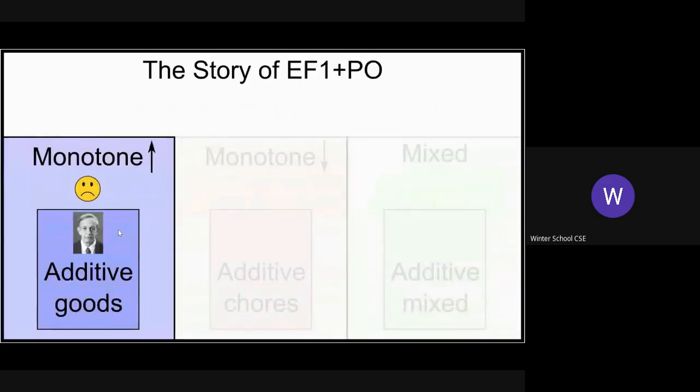So this existence that we saw for additive does not extend to monotone. Whether there is an EF1 plus PO for submodular is, to my knowledge, open. Submodular is something between additive and monotone. I think that's also an interesting problem to work on.